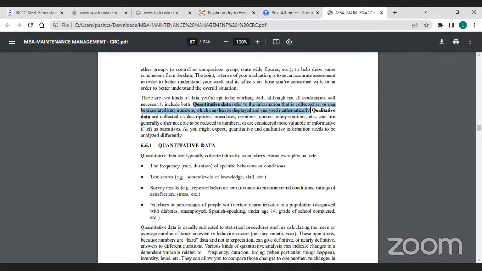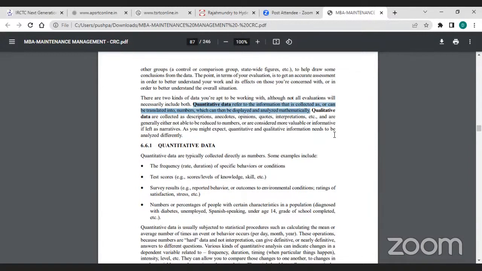Then qualitative data is something which describes the data, collected in the form of descriptions, anecdotes, opinions, quotes, interpretations. So these cannot be converted into numbers. Right, qualitative data is an opinion that has been made by people. As you might expect, quantitative and qualitative information need to be analyzed differently.